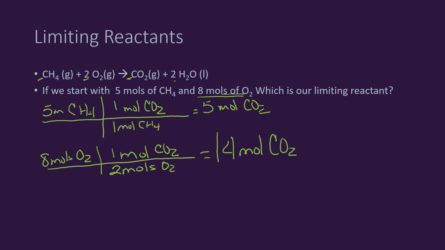So in this case, oxygen is our limiting reactant because it will only make 4. And the one that we have a larger number of is in excess. We have extra.